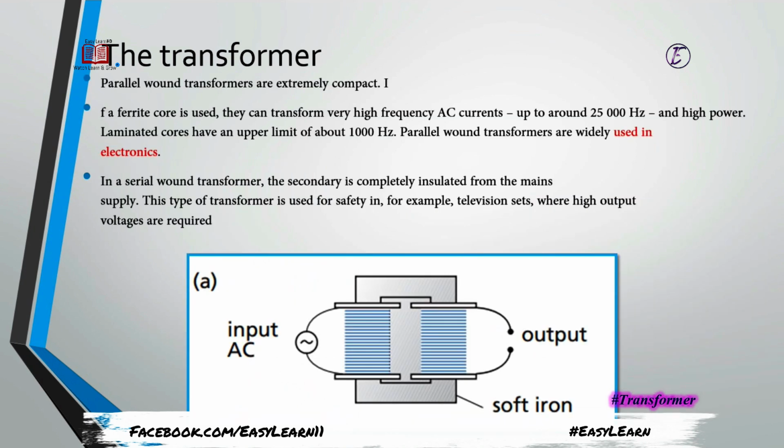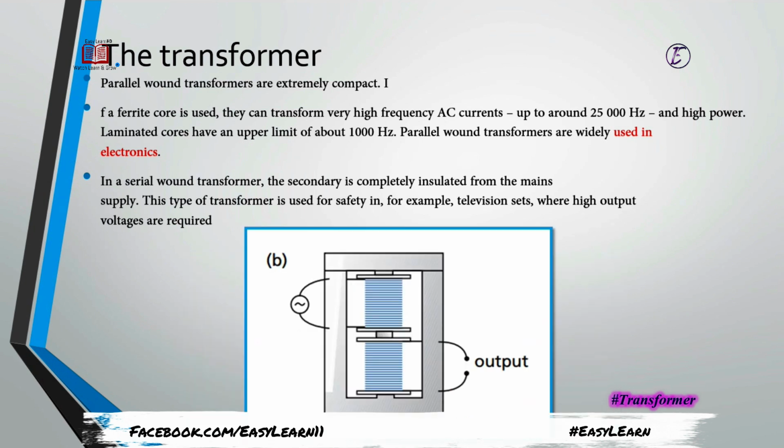Going further, we are discussing the design. If the first coil is here, the second coil is in parallel with the first coil, which we call a parallel wound transformer, and it is extremely compact. There is another type where the coils are connected in series.